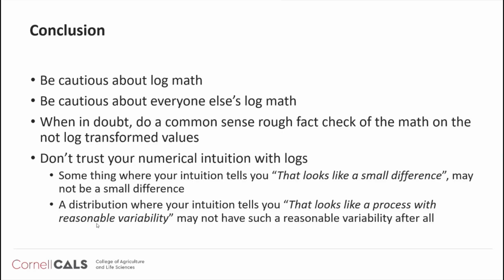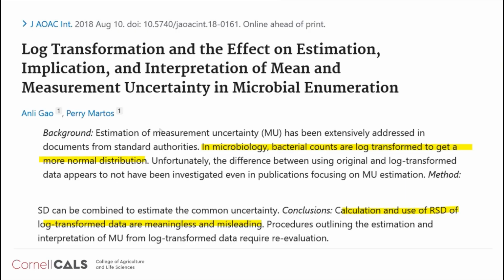And these things, again, are not just stuff I came up with. There are people who talk about the challenge with log transformation when we try to estimate measurement uncertainty. And it brings up this issue that in microbiology, typically bacterial counts are log transformed. However, when we look at standard deviations, when we look at uncertainty, what we get with log transformed data is often meaningless, or maybe safer to say, at least can be very misleading.